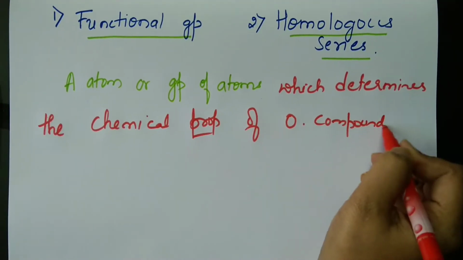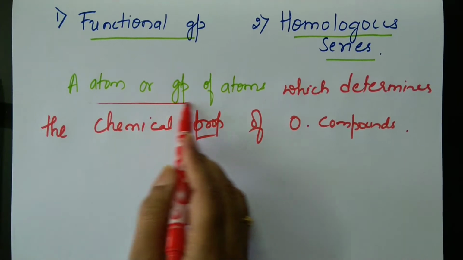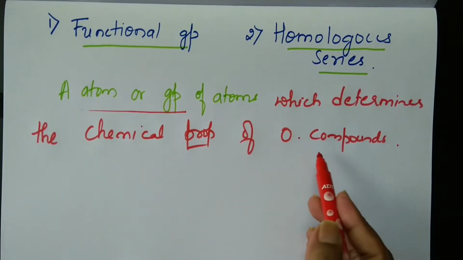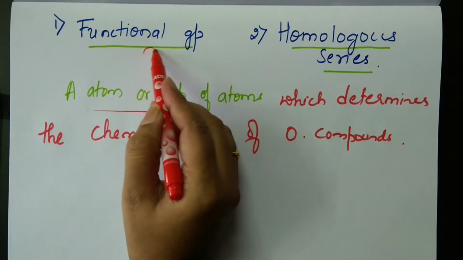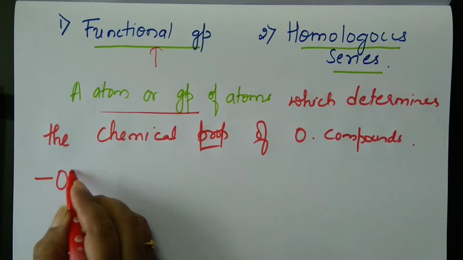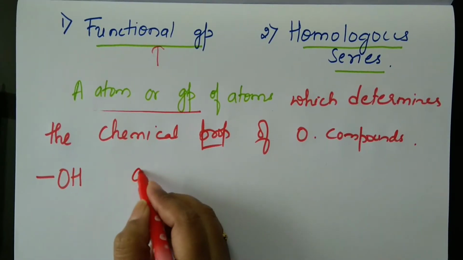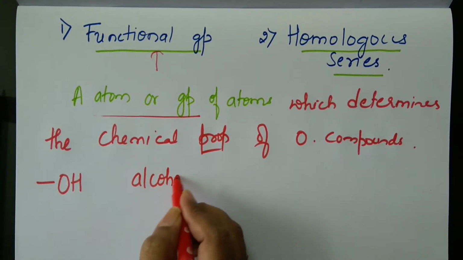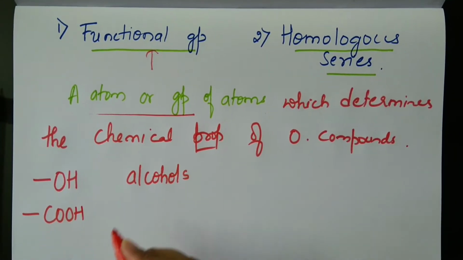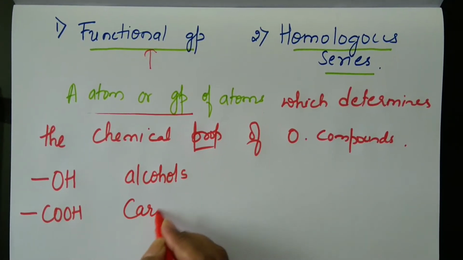So if you have an atom or group of atoms and it is the one which is deciding the property of an organic compound, then it is called a functional group. For example, OH is the functional group present in alcohols. COOH is the functional group present in carboxylic acids.